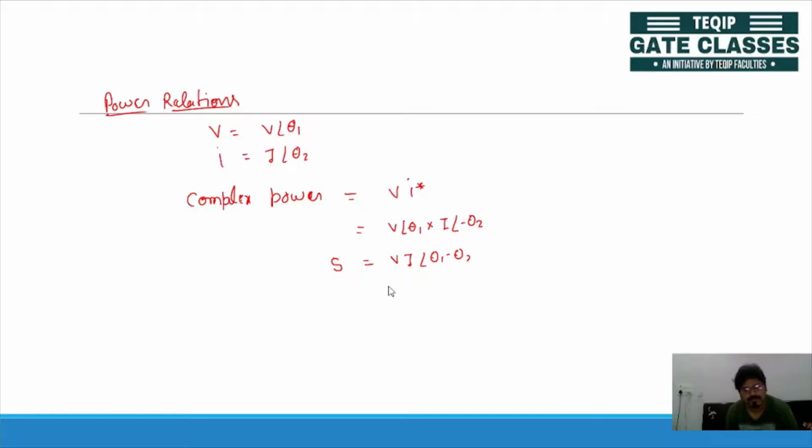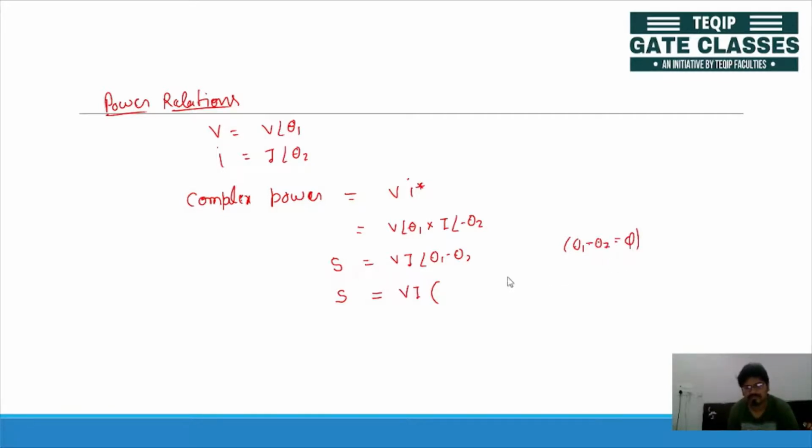If you write it in rectangular or trigonometric form, you'll get V I cos of theta 1 minus theta 2. Let's say theta 1 minus theta 2 is the phase difference between voltage and current, and we are calling it phi.